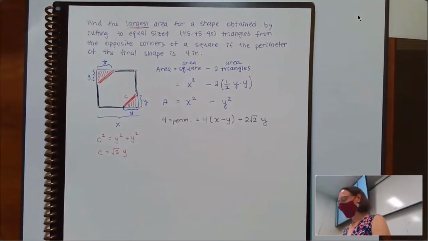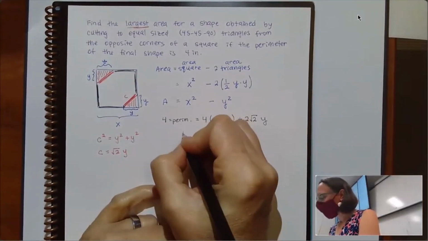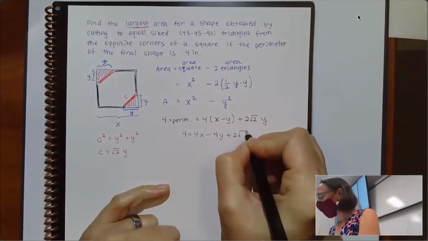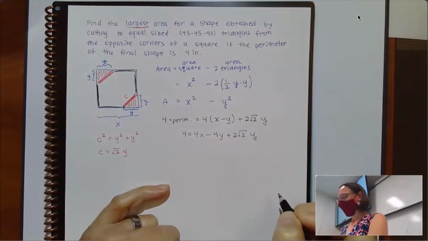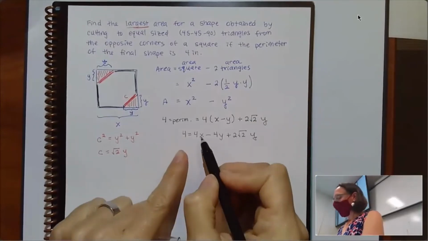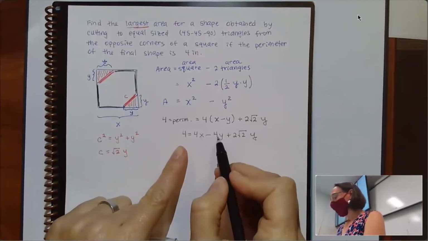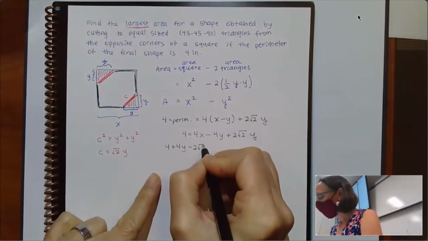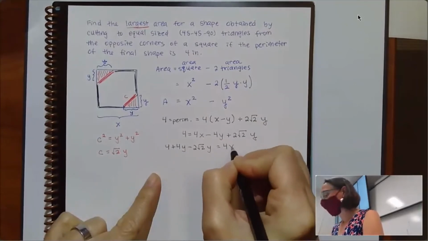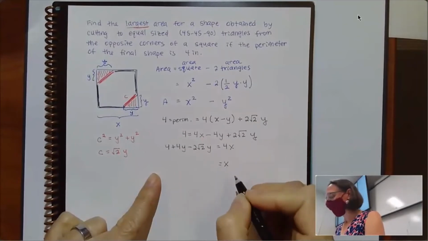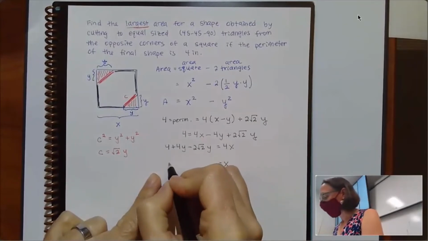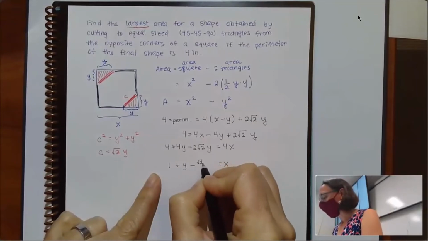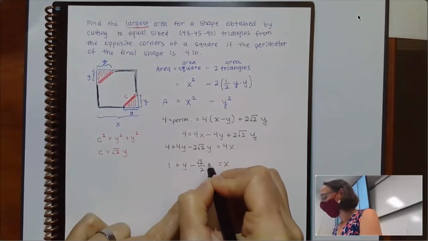So if I rearrange this, I've got 4 is equal to 4x minus 4y plus 2 square root 2y. So I can say 4 plus 4y minus 2 square root 2y is equal to 4x, or x is equal to 1 plus y minus square root of 2 over 2y.